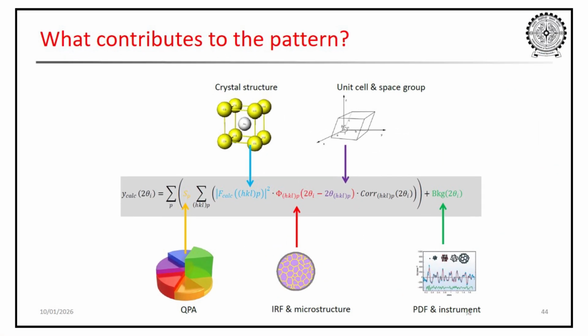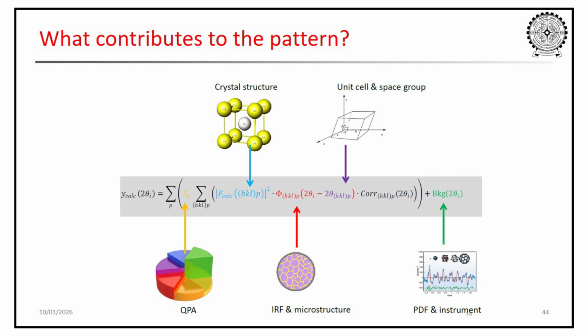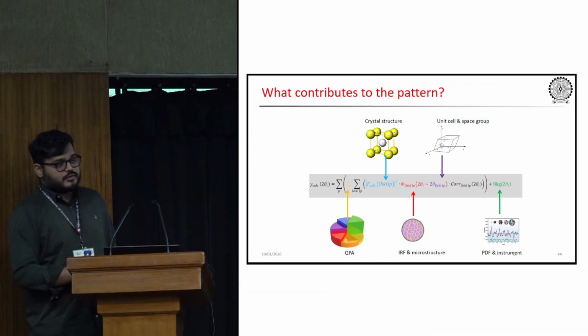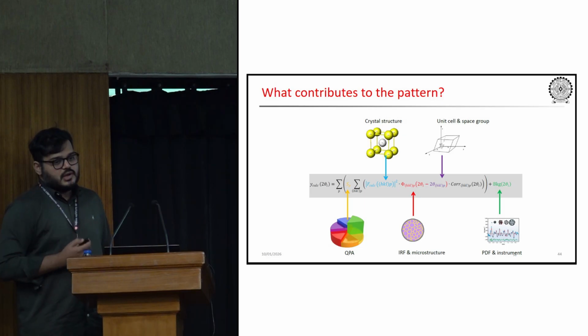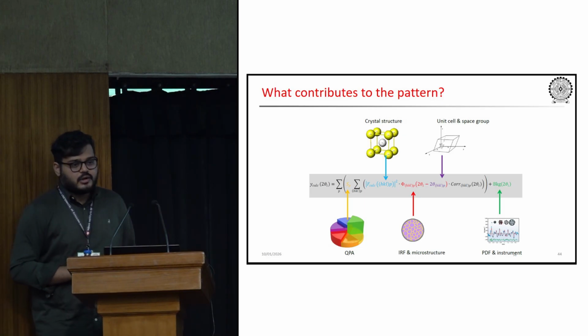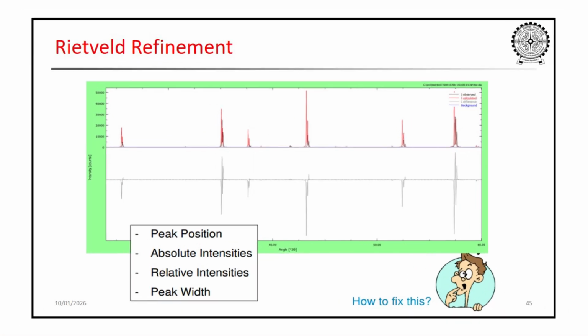And what contributes to the pattern? Of course, your scale factors or the intensity, that we will use to do the quantitative phase analysis. Your structure factor of the material, which is coming from the crystal structure. You have the profile function and the unit cell space group.